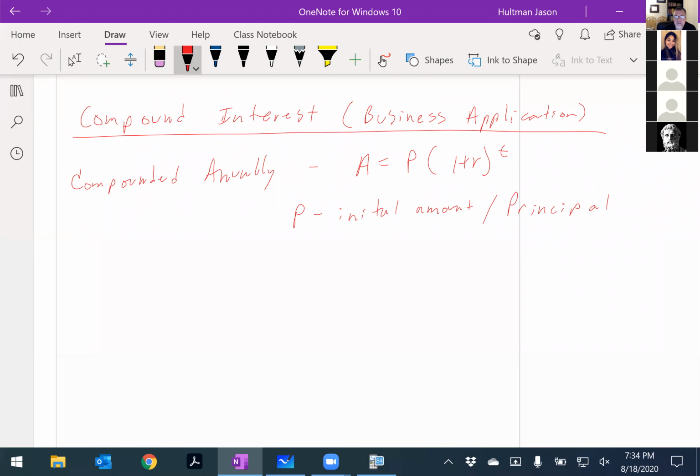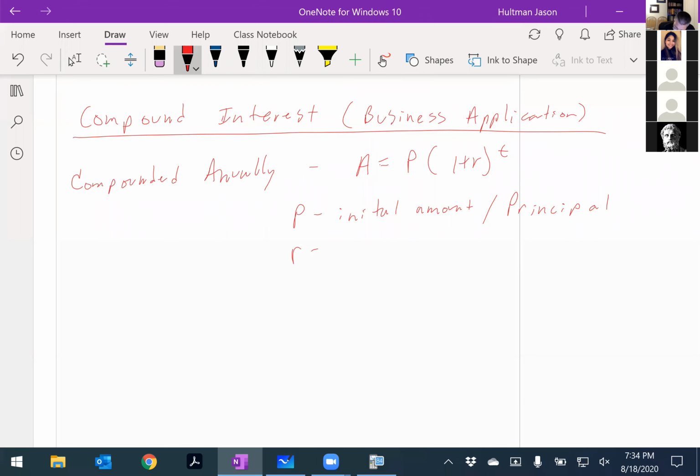Principal means first, our first amount. That's why the principal of a school is the leader. It's the guy that's in charge. He's number 1. So principal, initial amount.